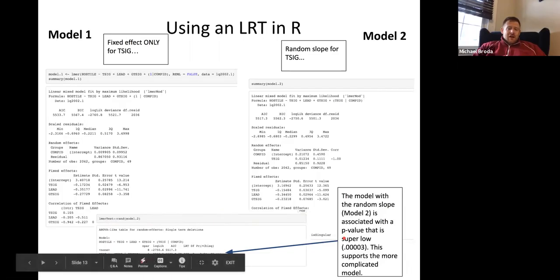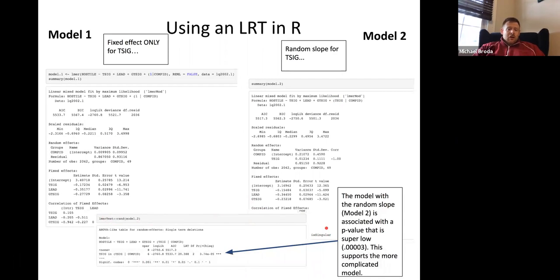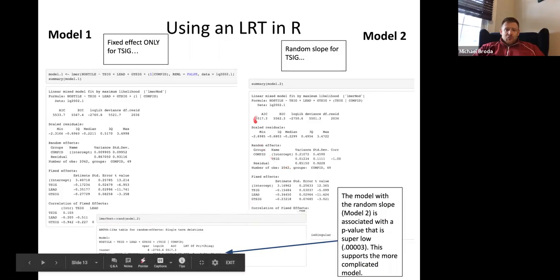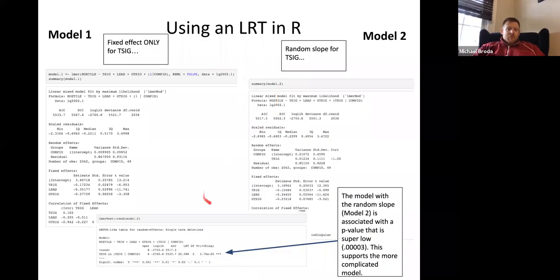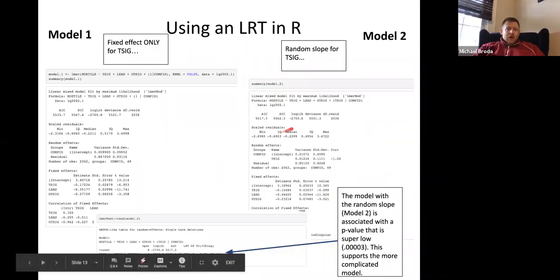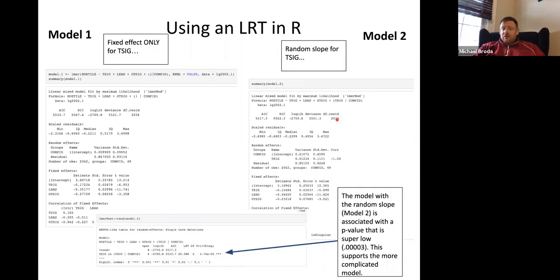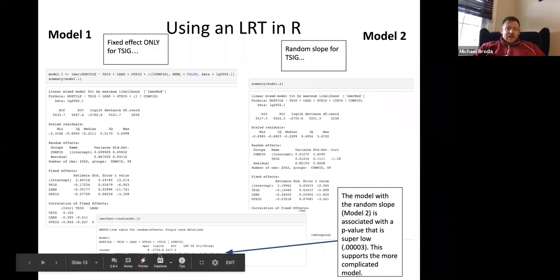That compares what it calls single term deletions. So it's comparing our model with no terms deleted, which is our actual model here, and you see the AIC is 5517.3. It compares that to a model where the random slope for T-sig has been deleted, and notice the AIC is 5533 in this case.